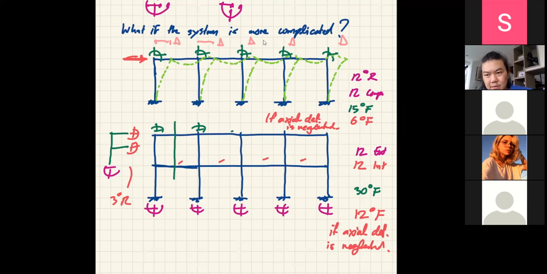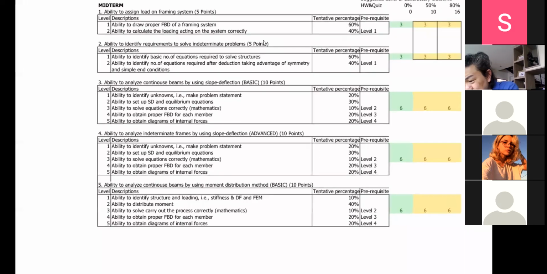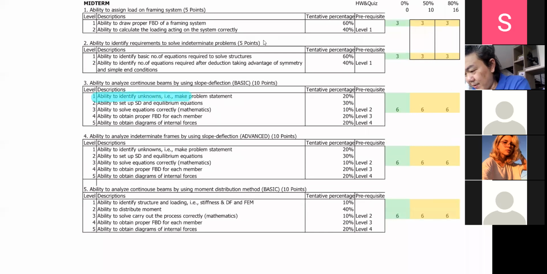Okay, so that means, in a nutshell, the ability to identify the unknowns is paramount. Maybe we go back to the rubric description again here. You see, it all begins here with the ability to identify unknowns and make problem statements.